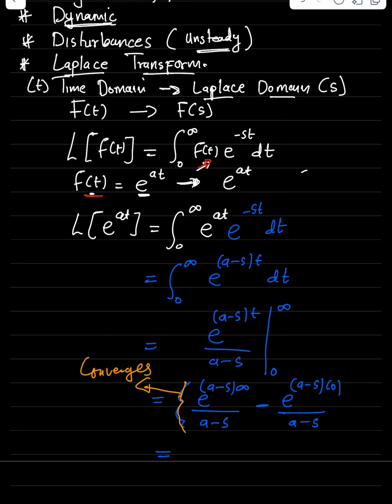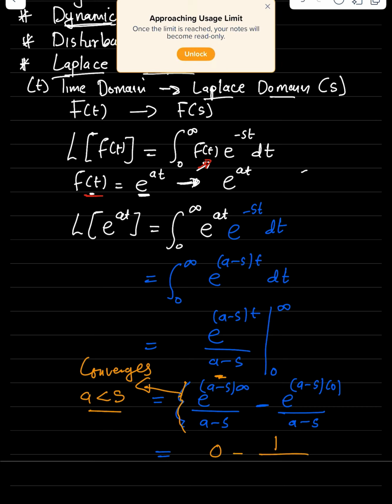If a is less than s, then this whole exponent is going to become negative. And if you raise e to the power of a negative number, even if it's infinity, this whole thing is going to converge to 0. It's going to become smaller and smaller. So under the condition that a is less than s, this term becomes 0. And then minus the other term is going to become 1 over (s minus a).